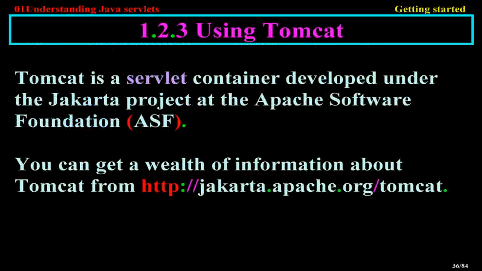1.2.3 Using Tomcat. Tomcat is a servlet container developed under the Jakarta project at the Apache Software Foundation (ASF). You can get a wealth of information about Tomcat from http://jakarta.apache.org/tomcat.